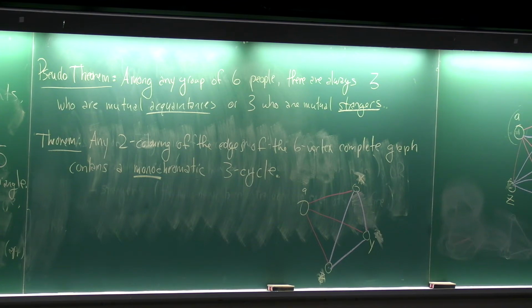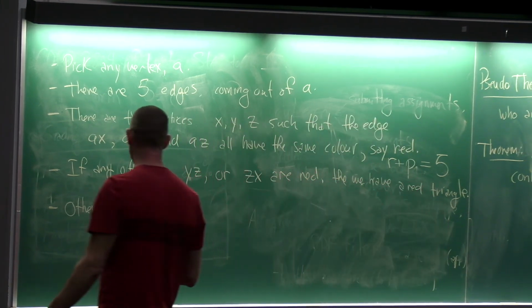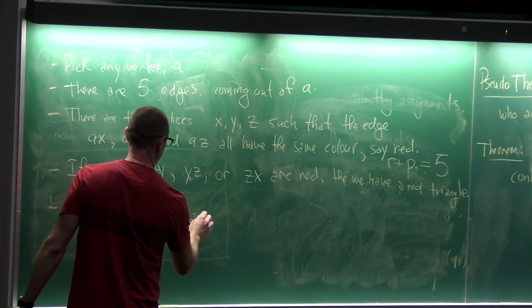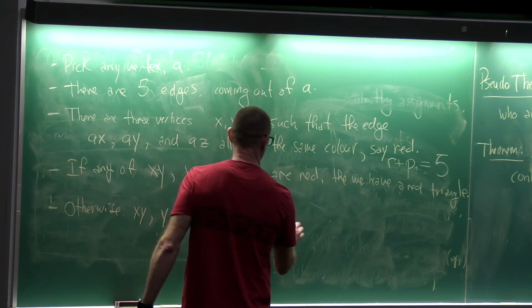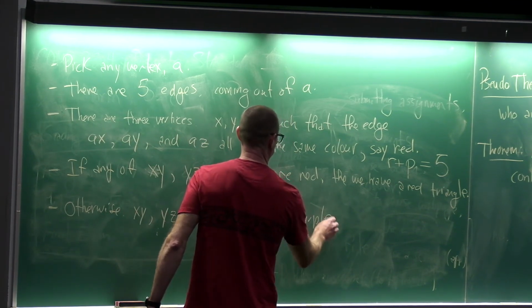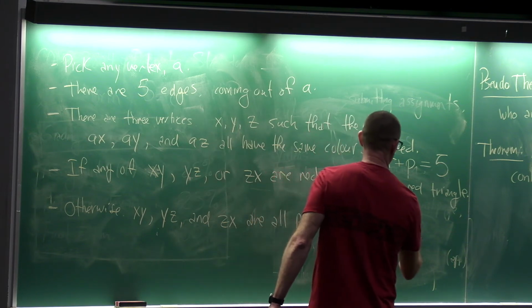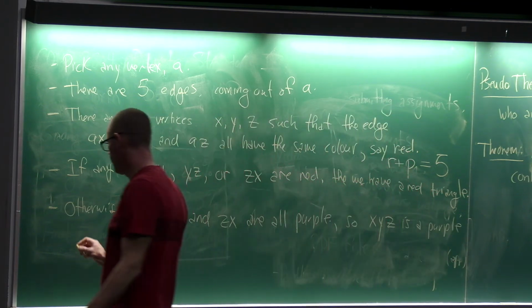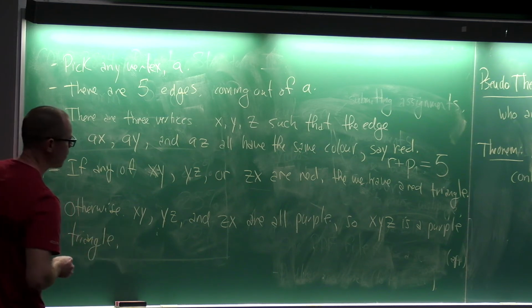Otherwise, if we don't have a red triangle, XY, YZ, and ZX are all purple. So XYZ is a purple triangle.